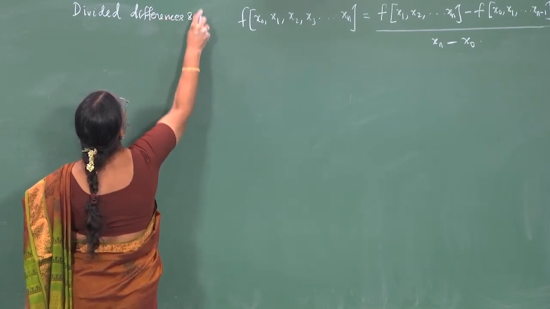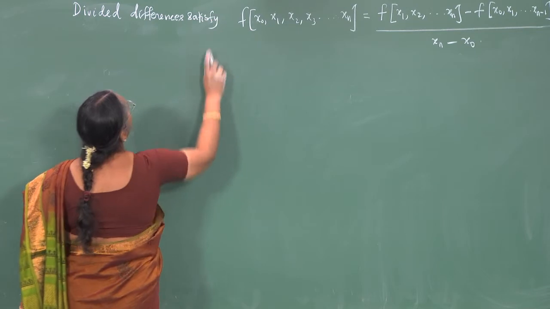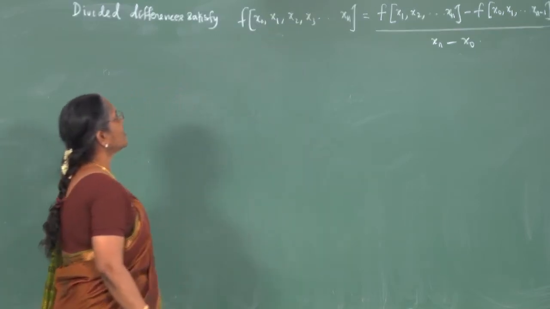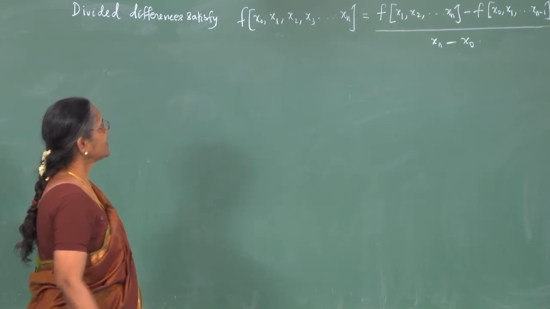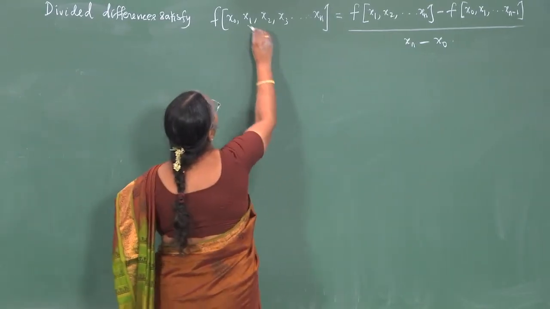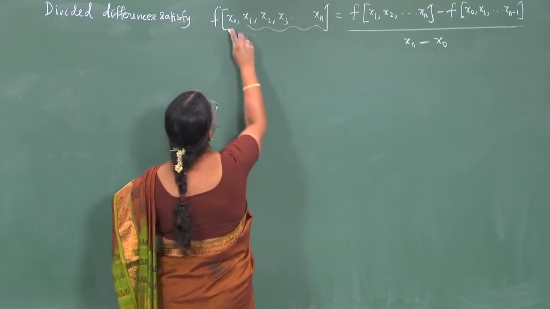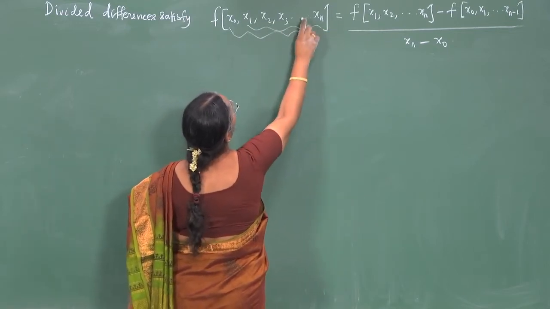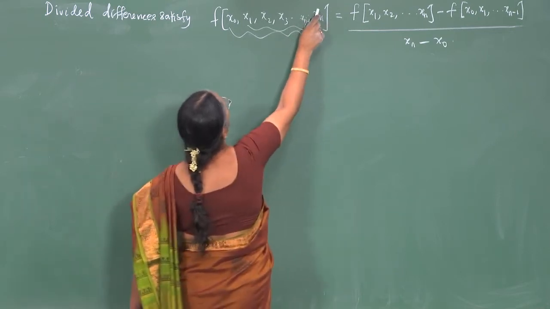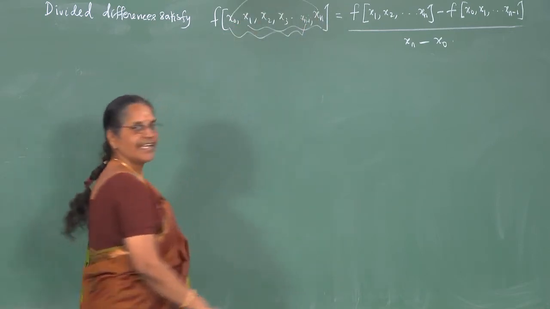the property that the nth order difference f of x0, x1, etc., xn is f of x1, x2, etc., xn minus f of x0, x1, etc., going up to xn minus 1, divided by xn minus x0.